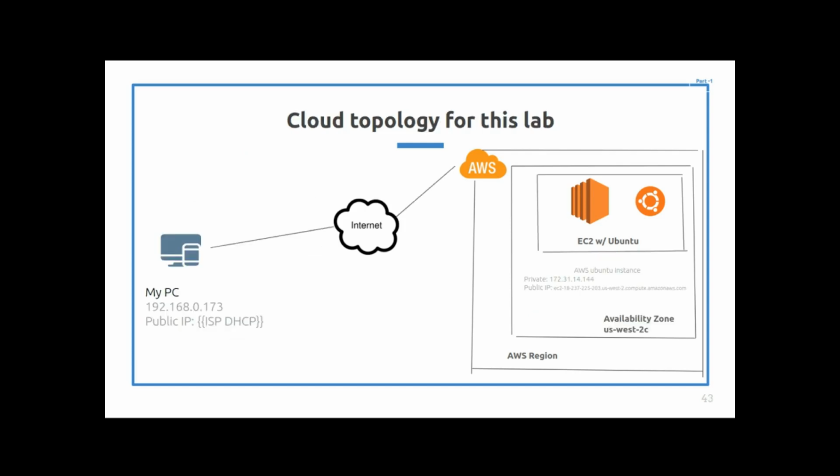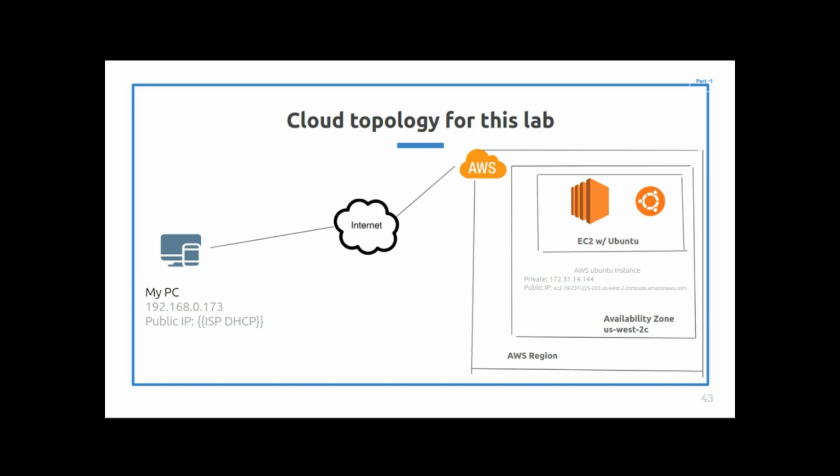So here's what's going on in this lab. I have my PC, which I'm on at 192.168.0.173, and over on AWS, like the AWS boxes and regions, that is all set up by the AWS dashboard. So you configure everything, you configure your regions, you select your availability zone, and this is what I did in the first video.